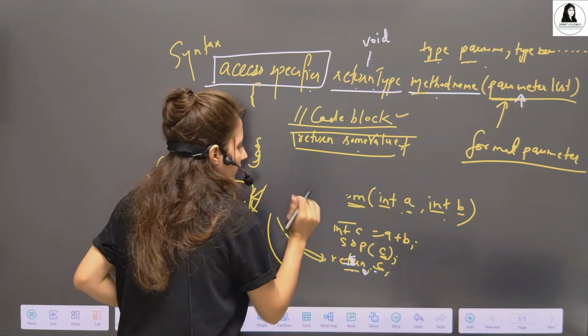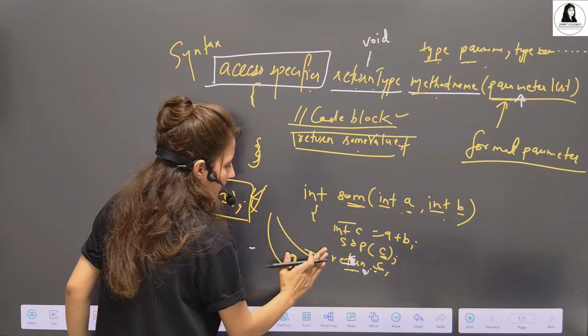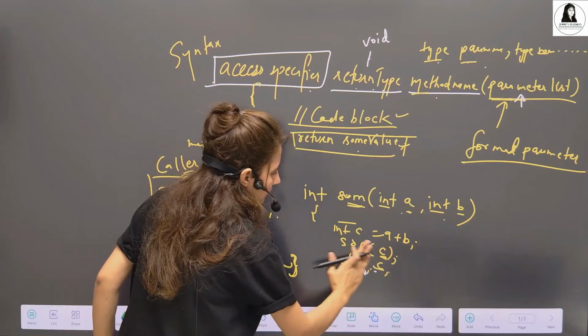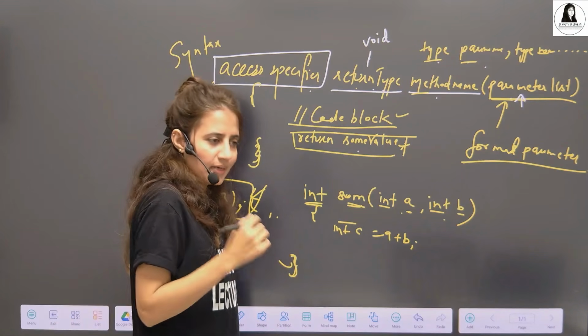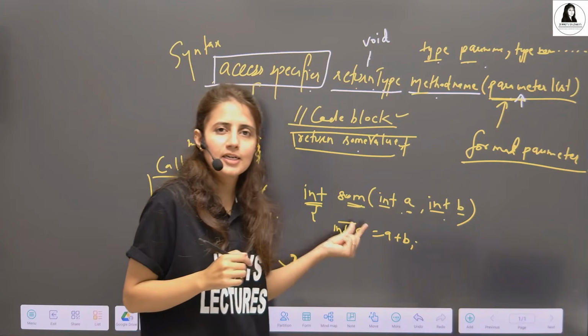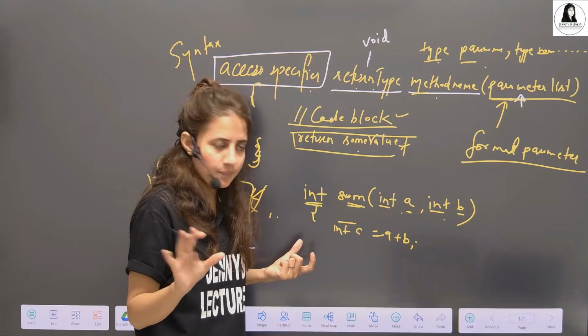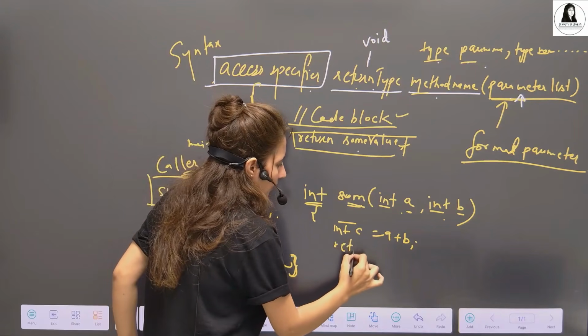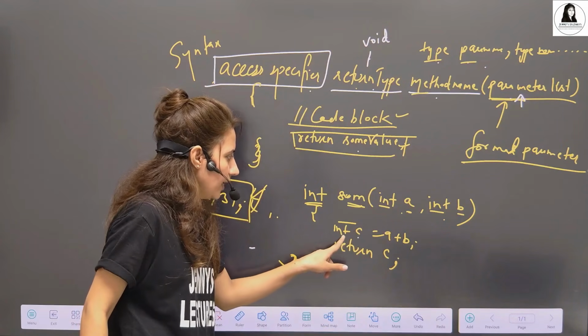So let's take one example. Rather than void, I'm writing int here, and sum, right? It means the return type is int. So I'm telling that this method is going to return an int value. Okay, now here we simply write return C, because C is also int type.